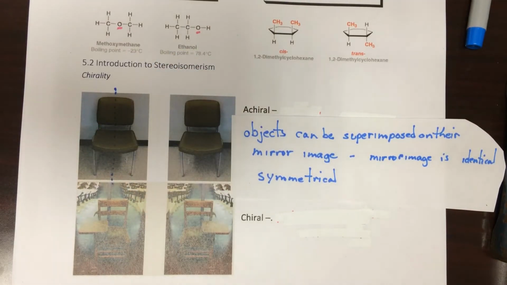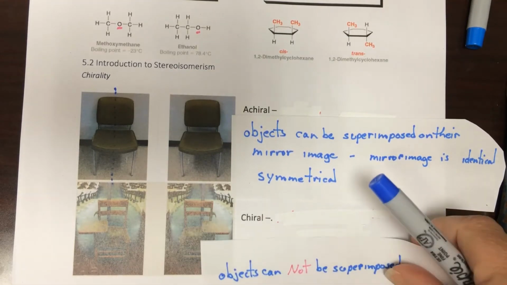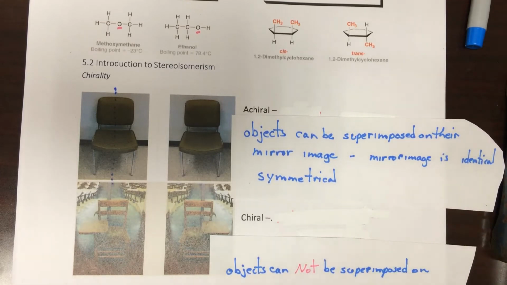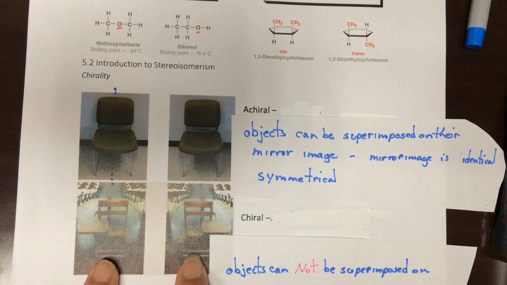The left half is the same as the right half. Chiral objects, however, cannot be superimposed on their mirror image, and they lack a plane of symmetry. So if we have these two chairs, they're not symmetrical, and they can't be put on top of each other.